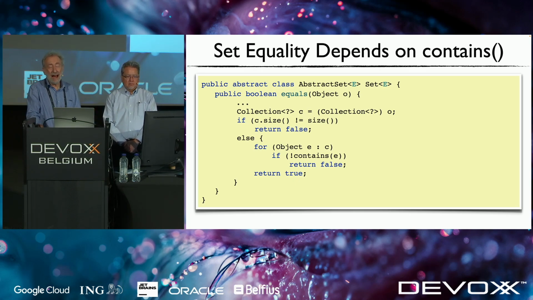And of course, the hash set contained uppercase a and lowercase a, and the tree set says, yeah, I contain both of those, because my element, uppercase a, is equal to both of those.